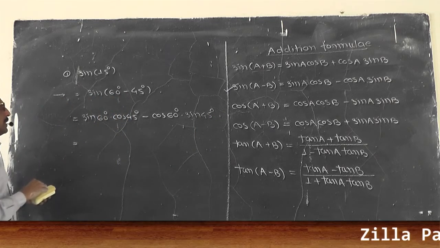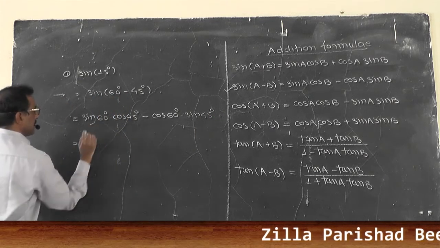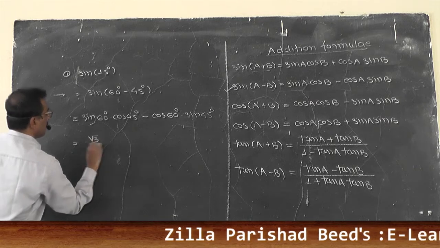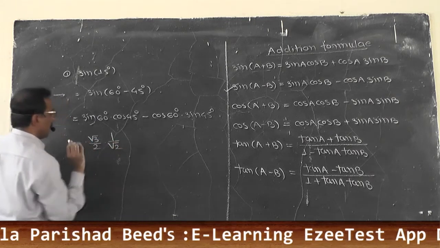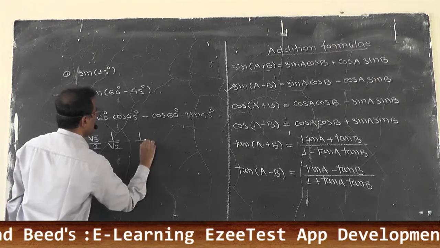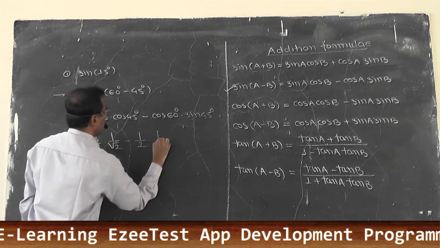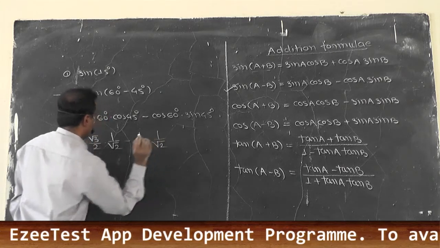I think all the students know the values of sine 60. Sine 60 means root 3 by 2. Cos 45 means 1 by root 2. Cos 60 means 1 by 2. Sine 45 means 1 by root 2.